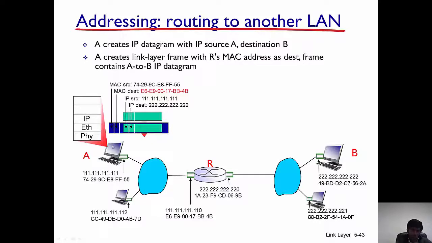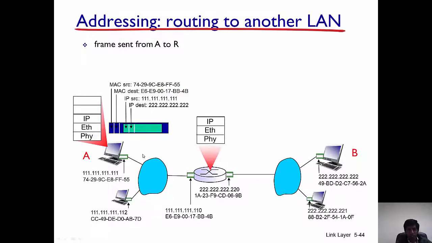Therefore, because this interface of R and A are in the same network, the datagram has to go from A to this interface of R. This is forwarding within the same network. This is something that's happening in the link layer. That is why the MAC destination is the MAC address of this interface of R. So then A sends this link layer frame.